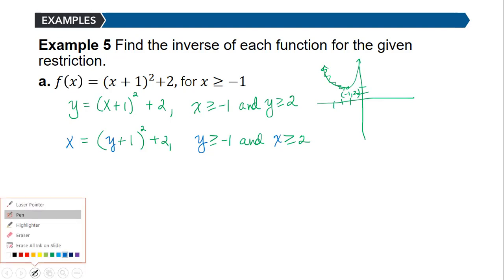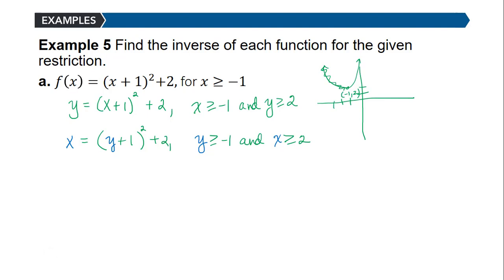So now at this point, we just need to solve this resulting equation for y. We would do that by subtracting 2 to get x minus 2 equals the quantity y plus 1 all squared.